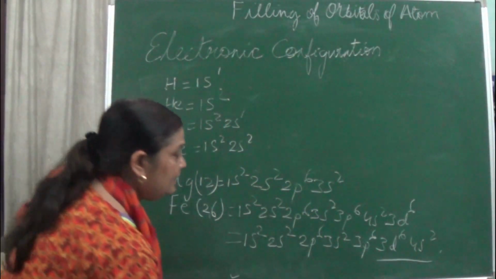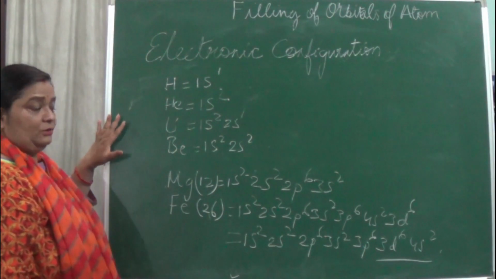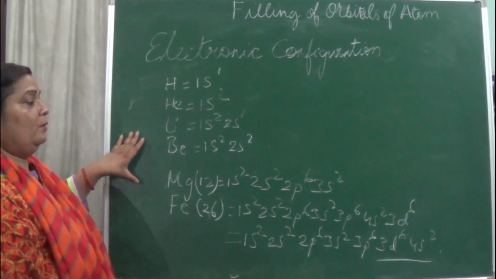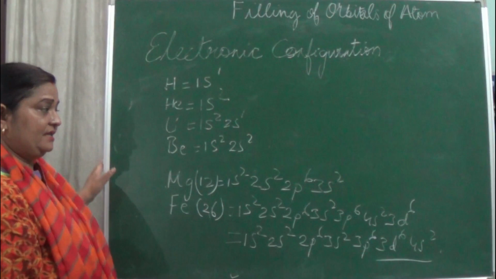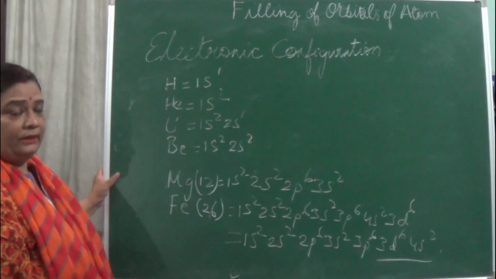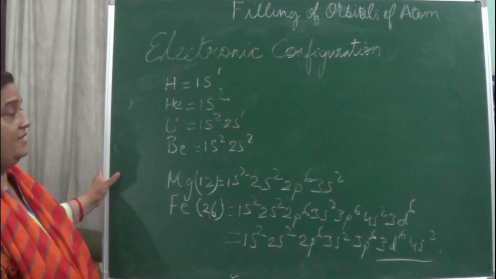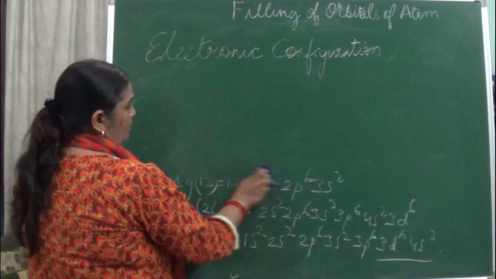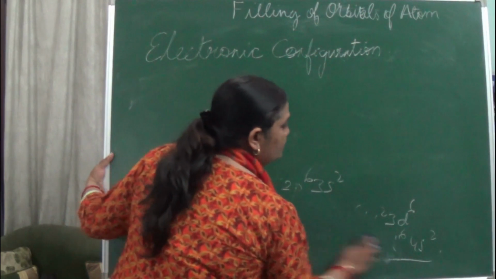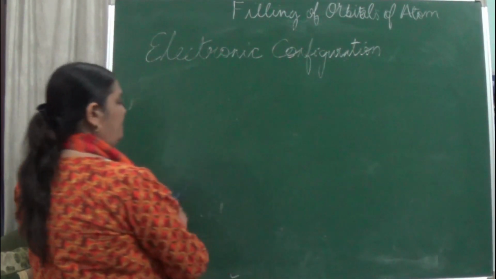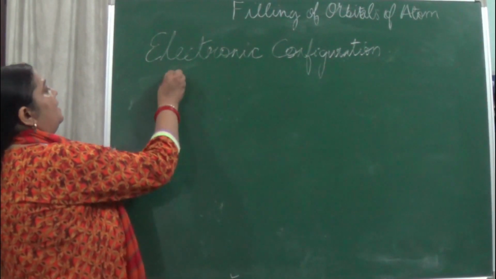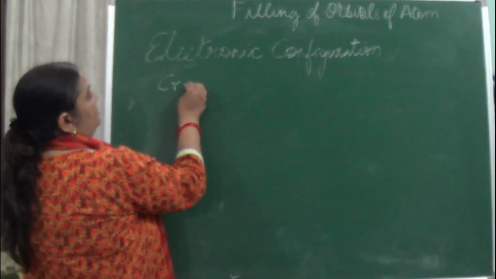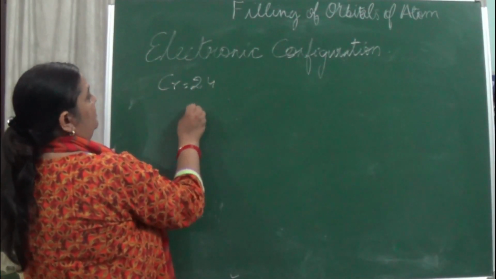Now this is how we are filling the electrons. We are seeing that the electrons in the D are filled later. But there are exceptions for chromium and copper. When we are talking about chromium, the symbol is Cr, and its atomic number is 24. Let us fill the electrons first.